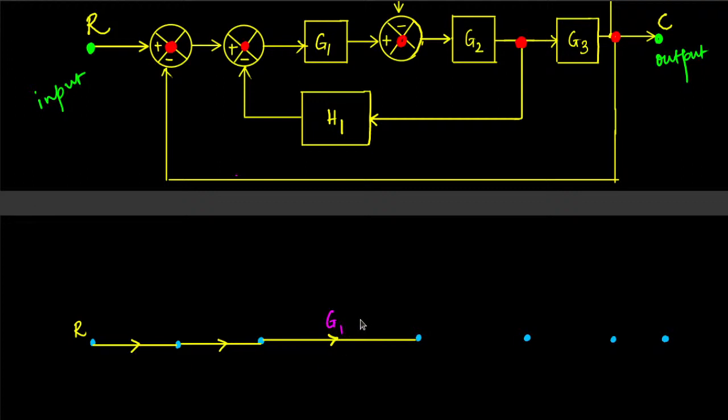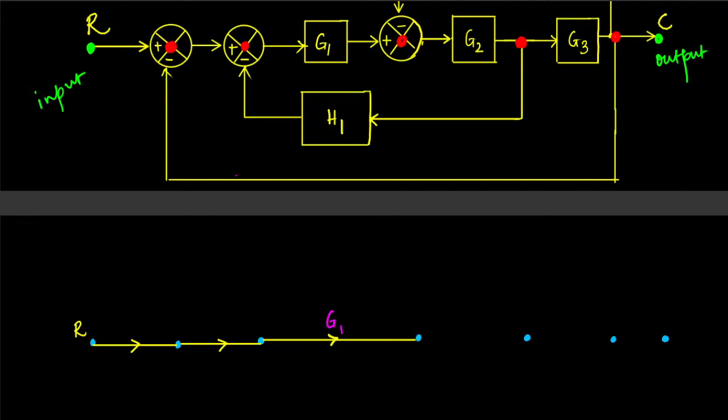Just as it could represent the cost, the time taken, or the length, or many similar things, here it represents the amplification. So the signal that starts from here and goes into this point gets an amplification by a factor G1. If the signal is X here, it becomes G1X at this point.